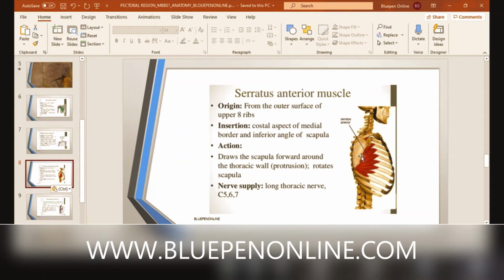See here, this is your scapula. The action is that it draws the scapula forward around the thoracic wall, protraction, and rotates the scapula. The nerve supply is the long thoracic nerve, C5, C6, C7, from the roots. So that's about the serratus anterior.